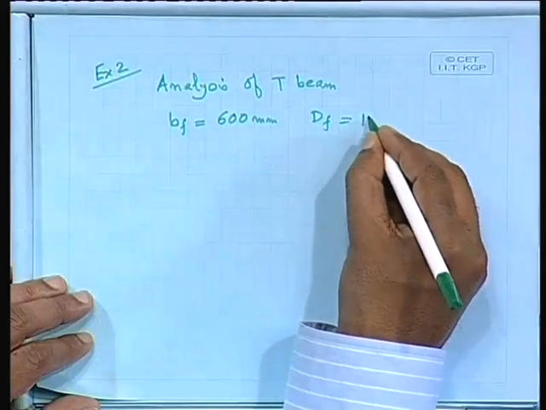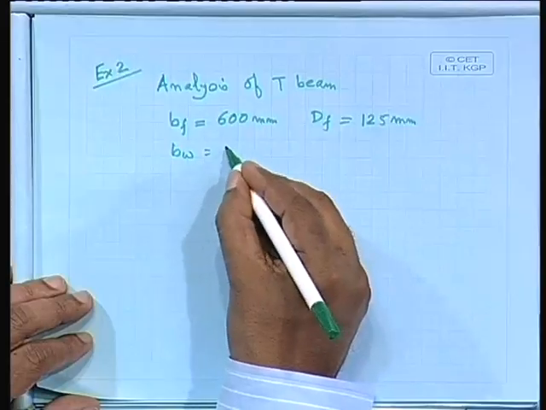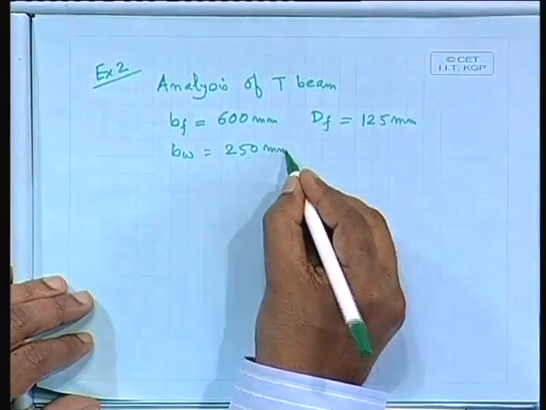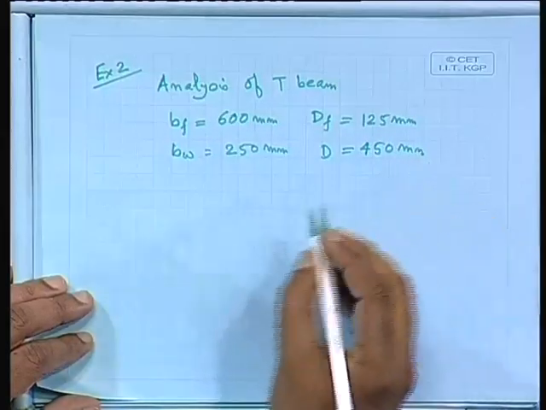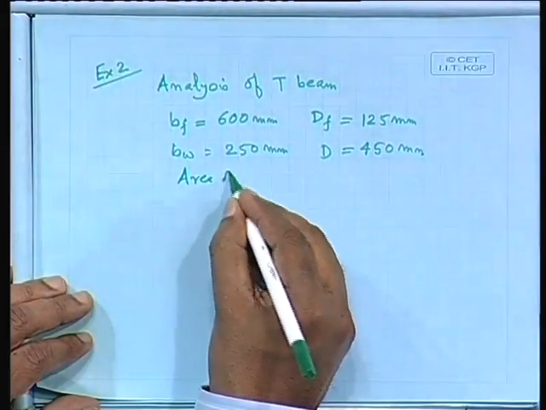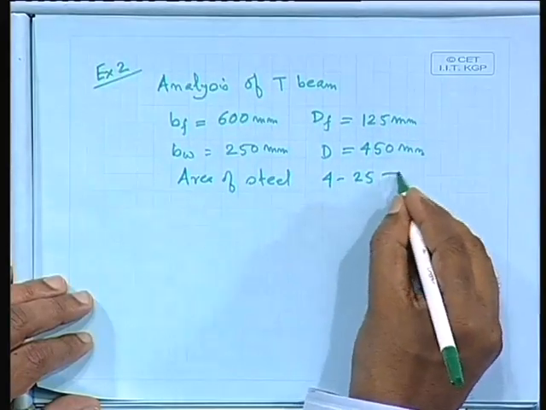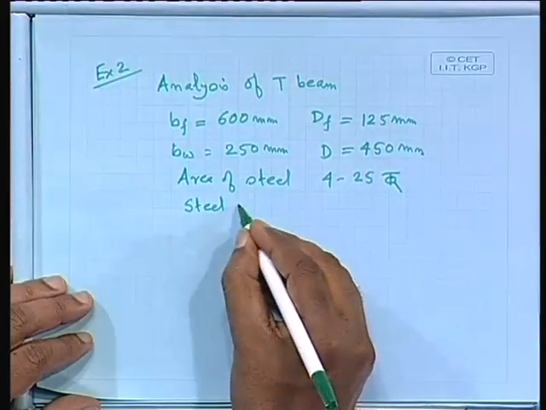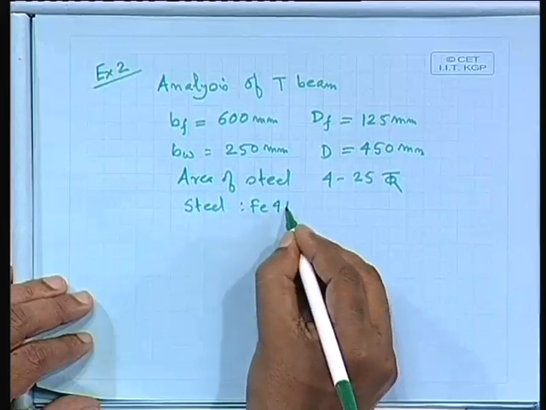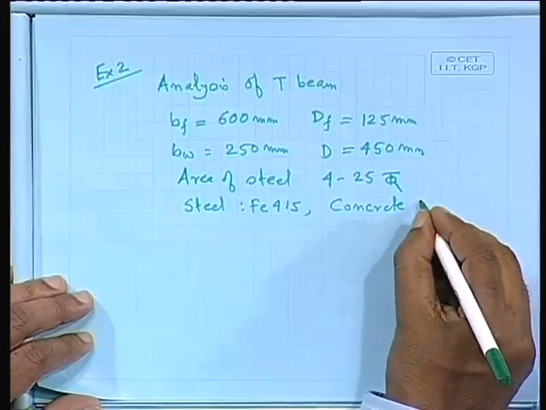So, BF equal to 600 millimeter, DF equal to 125 millimeter, BW 250 millimeter, D 450 millimeter, area of steel 4 numbers 25 torr, steel Fe 415, concrete M20.